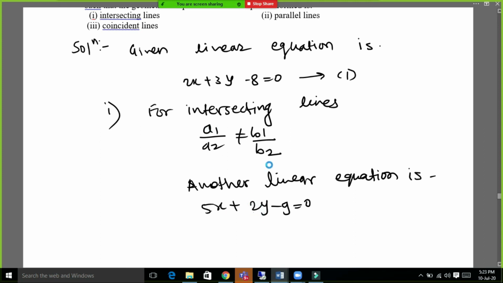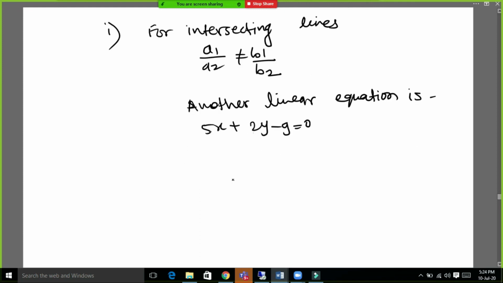So obviously this condition is satisfied here, hence their geometrical representation shows that they are intersecting lines. So this is for intersecting lines. Now we have to do the same for parallel lines. So second, for parallel lines we know the condition.